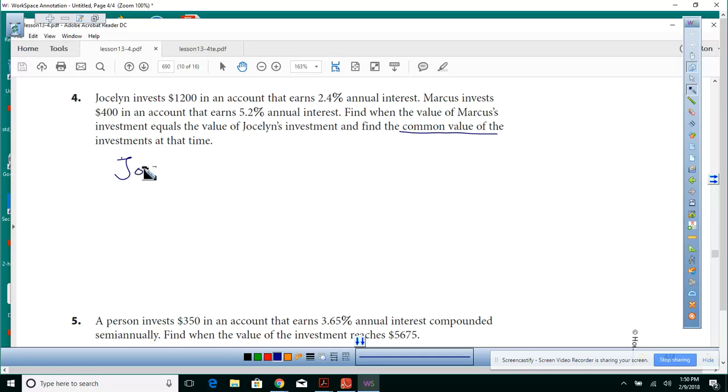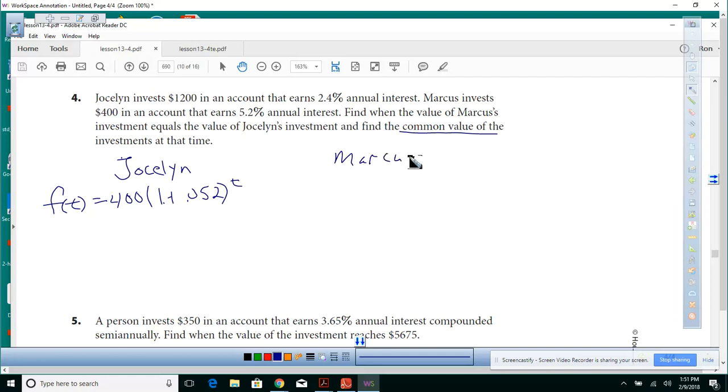All right, so Jocelyn's investment is, let's see, F of T equals 1,200 times 1 plus 0.024 to the T. I got them backwards there. And Marcus was 400 times 1 plus 0.052 to the T.